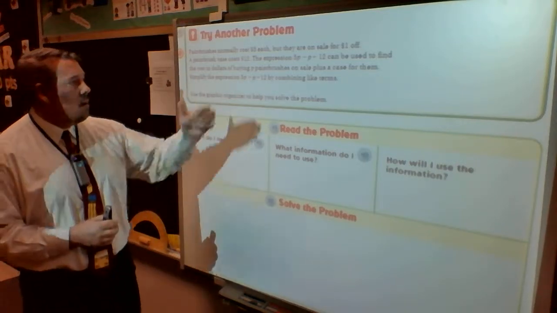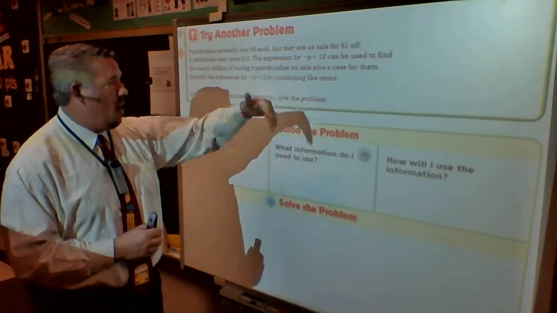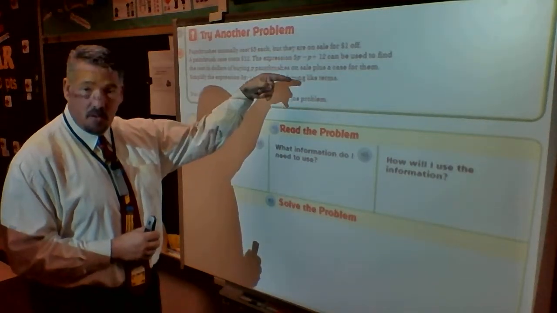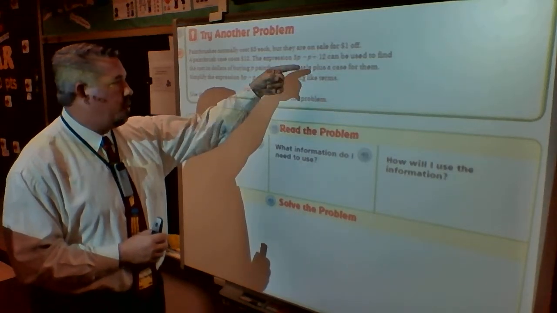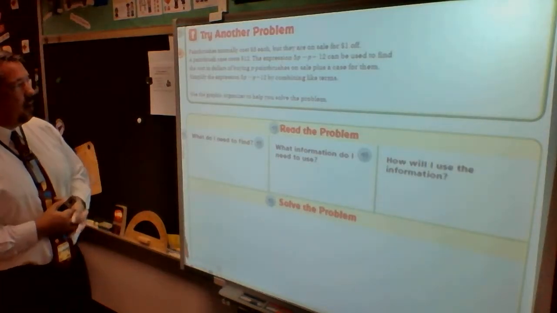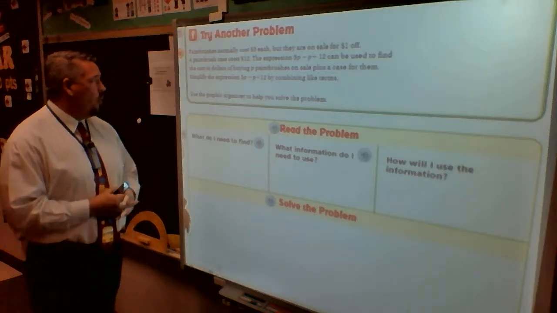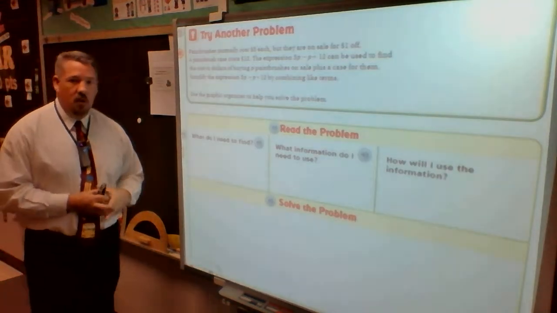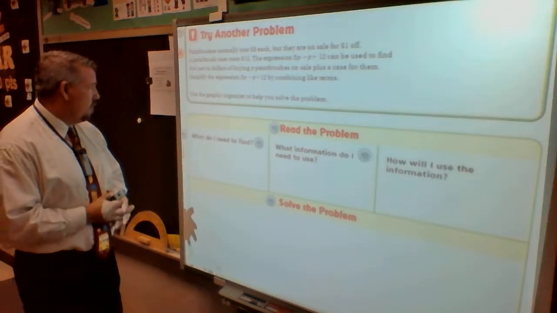The expression 5p minus p plus 12, so 5 paintbrushes minus 1 paintbrush plus 12, can be used to find the cost in dollars of buying p paintbrushes on sale plus a case for them. Simplify the expression 5p minus p plus 12 by combining like terms.